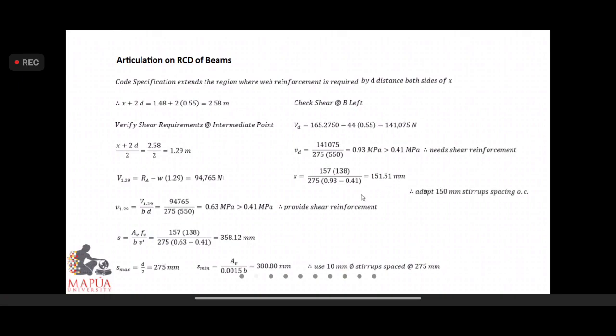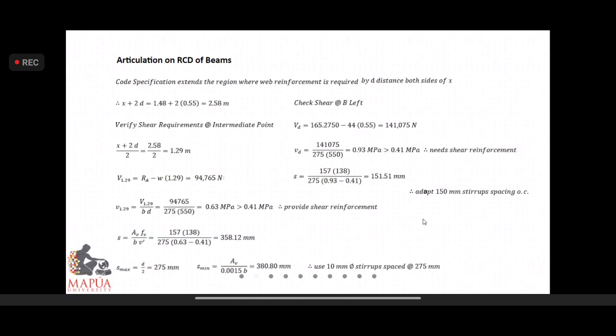We compare that to those allowables here. So we choose the least value, which is 151.51, say 150. We adopt this. So far we have 180, 275, and 150. Then we set the location wherein we are going to place this one for the next set of spacing.